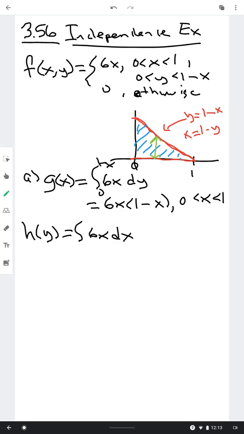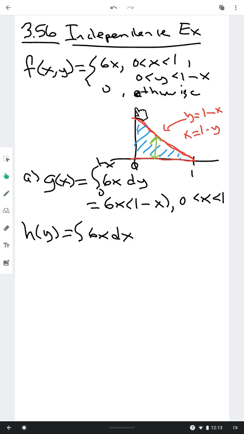However, remember that now that we're focusing on the y's, I need to be clear about the limits of x in relationship to y. So let's go back to our triangle.